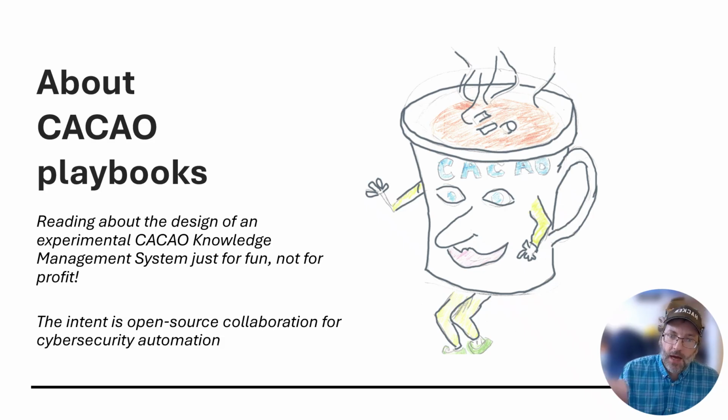And the standard is called CACAO, and it is for the exchange of playbooks. So those are designed to be like automated recipes, machine readable recipes for responding to cybersecurity attacks.